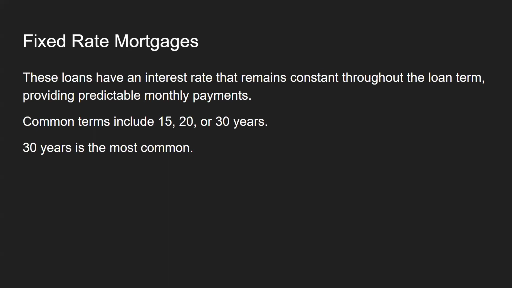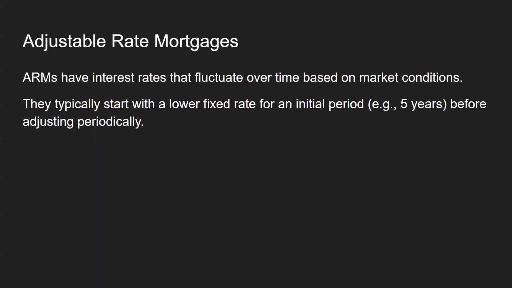If it's not fixed, then there are going to be times when your mortgage rates may fluctuate, and we'll go over that a little bit more. Loans that have an interest rate that remains constant throughout the loan term have more predictable monthly payments, right? The terms can be 15, 20, or 30 years, and 30 years is the most common. Most people have a 30-year fixed rate mortgage, right?